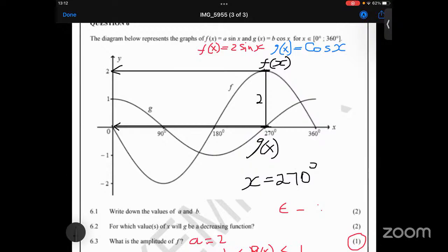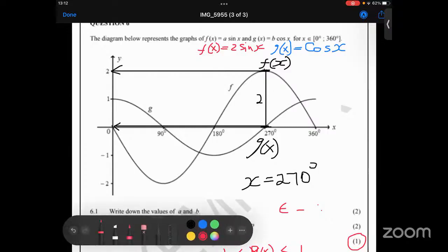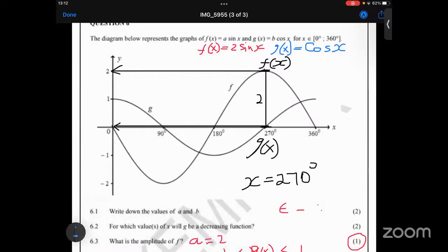And where else? Wait, what about this section? What about that section there? Because there is that difference there and then that one there. So let's try and prove it. So which function is f?